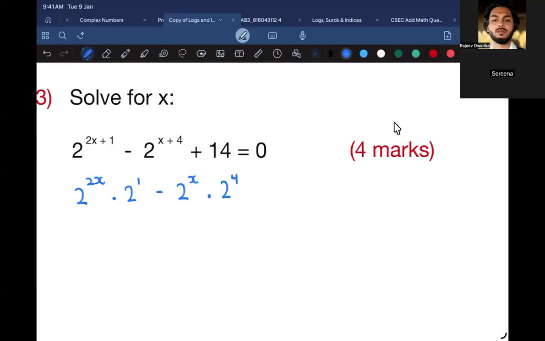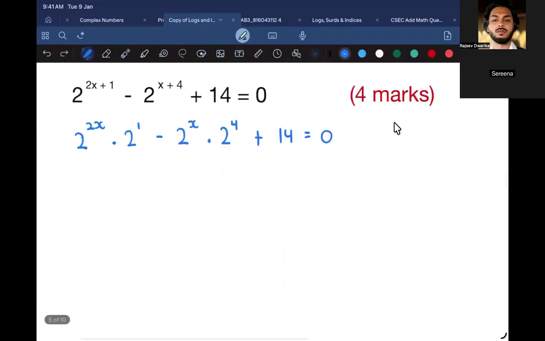It's supposed to be a to the power m multiplied by a to the power n equals a to the m plus n. Nice. So anytime you have the same base and you're multiplying, you add the powers. Plus 14 equals 0. Great.